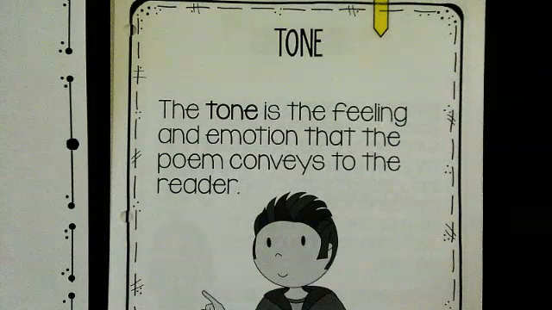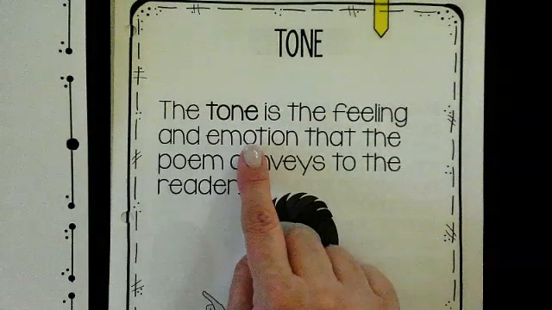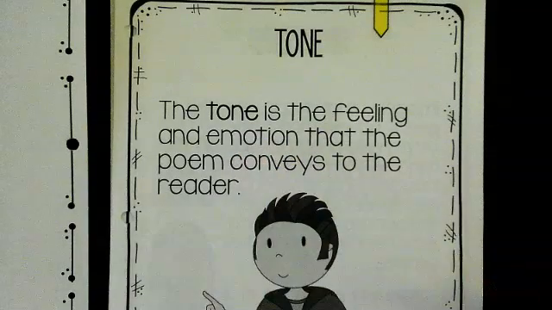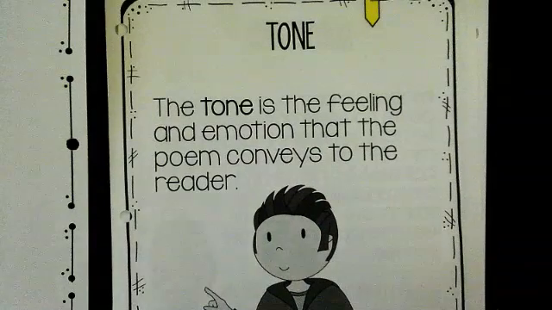So when you read something, if you're thinking about it while you're reading it, especially a poem, you should be feeling emotion. Feelings and emotions, those are things like happy, sad, makes you want to think about things. It makes you feel excited, or it makes you feel lonely.